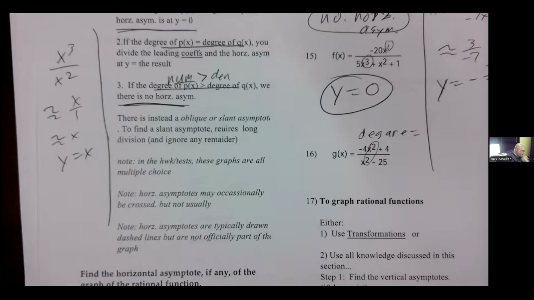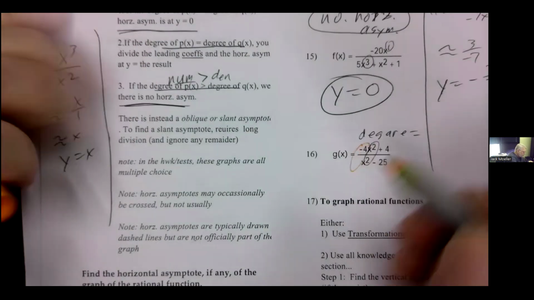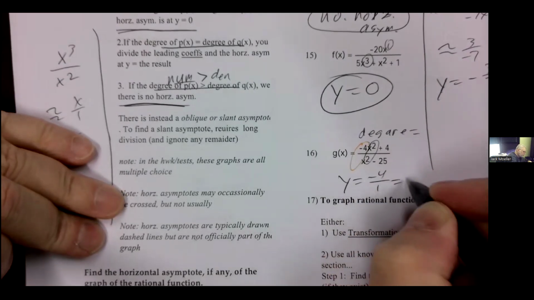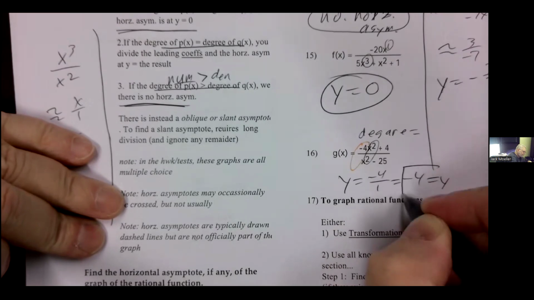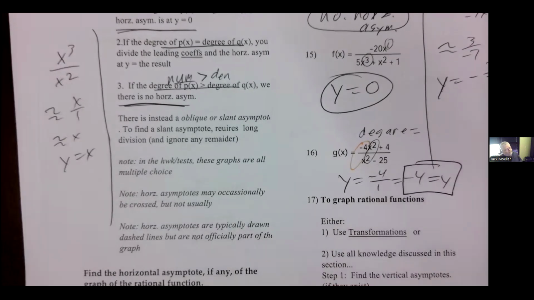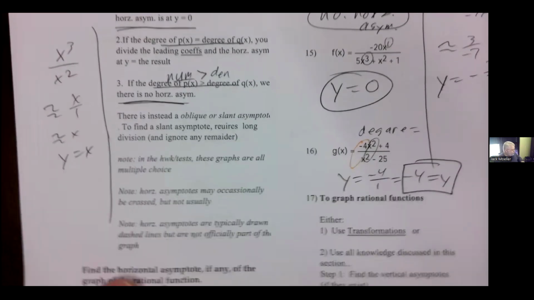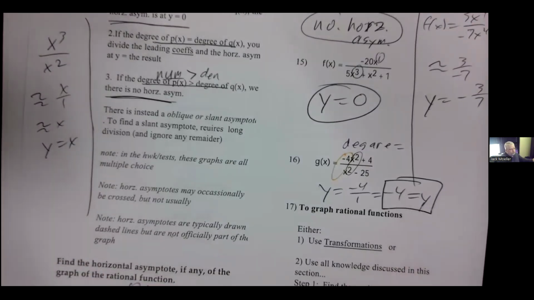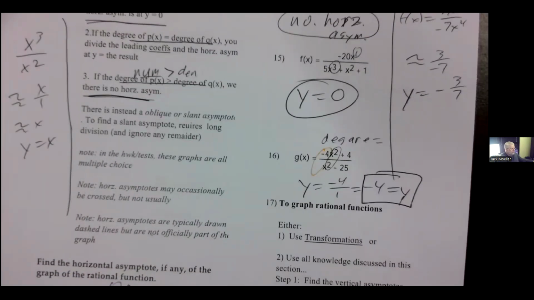Then you look at the leading coefficient of each of those. So that's a -4 over 1, or -4. All right. So those are the individual pieces.